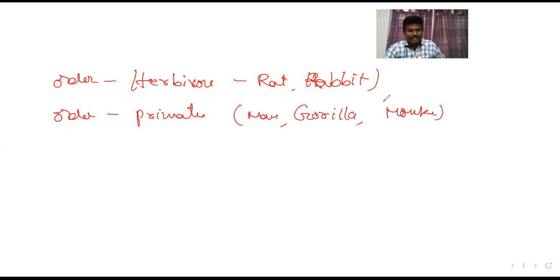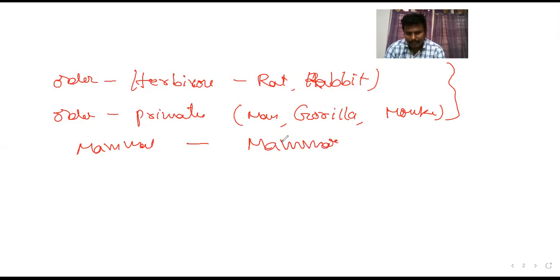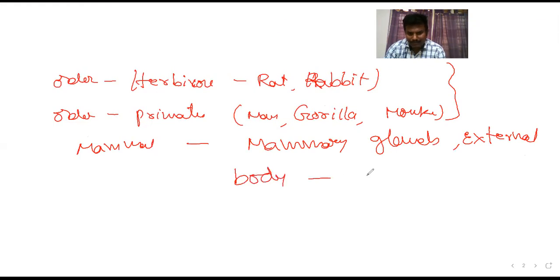These are all orders belonging to the class Mammalia. Mammalia means animals that have mammary glands, external ears, and a body covered with hair. That's all.